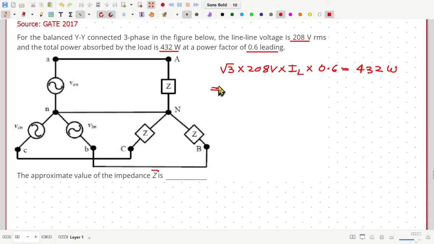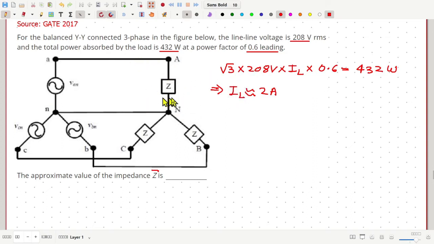From this, we will get the value of IL, which will come out to be approximately 2 ampere. This is the magnitude of the line current or the RMS value of the line current.